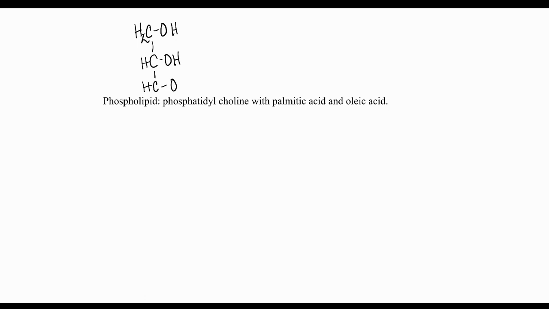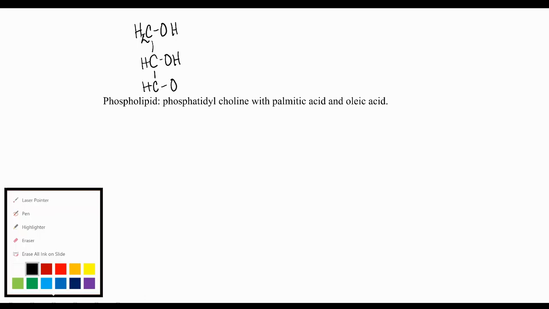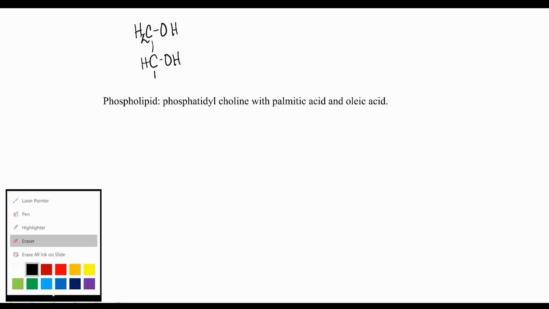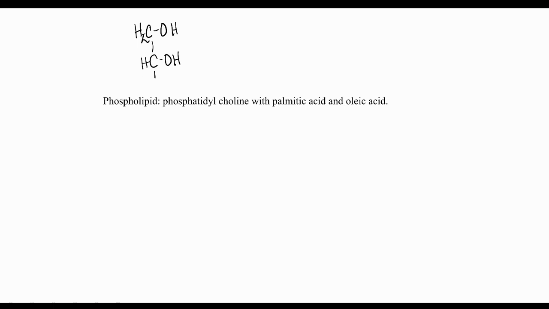Let's do that spinning thing on the end there. Spin it around to the other side. Oops. Okay, if you do that, it's just going to make it a lot easier to understand the cell membrane structure.